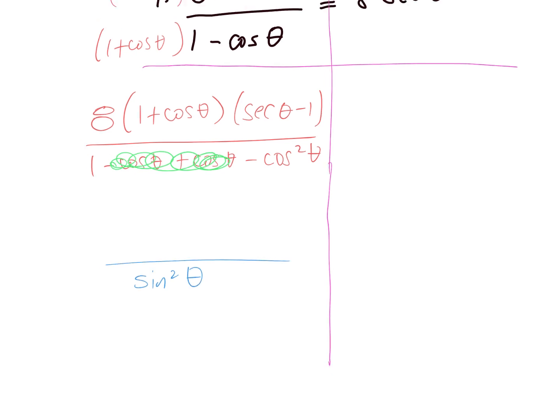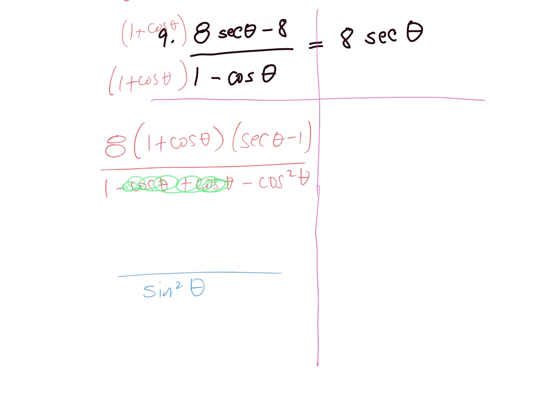Now, what I want you guys to pay attention to. Notice what we have, right? We got the 8. But look at the 2 parentheses that you have to multiply together. Do you notice anything about them? They are opposites. Are they reciprocals of each other? Cosine and secant are reciprocals, no?